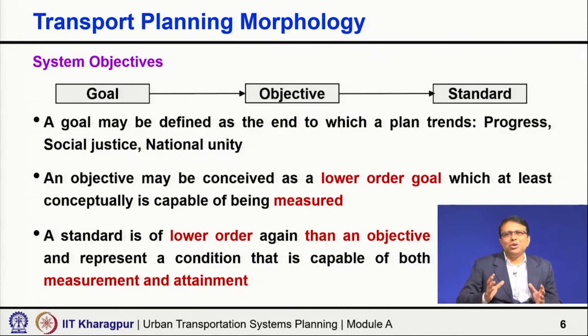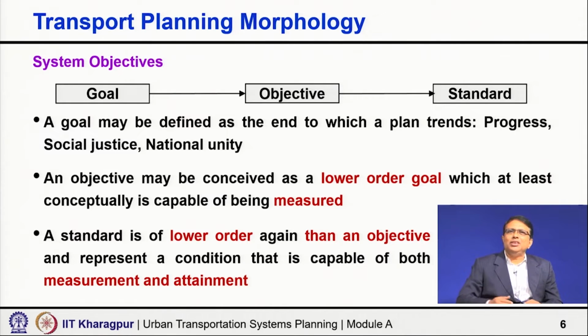It is something which conveys a meaning you can understand, but it does not give exact quantification measures. For example, if you say social justice, or say national unity, yes, we understand what they mean. It is the end goal, the kind of state we are trying to get.